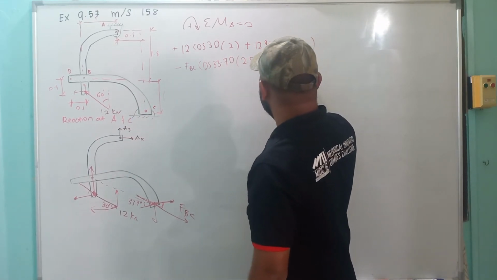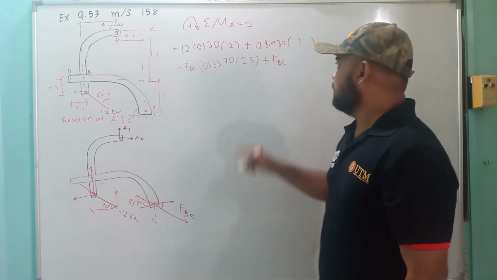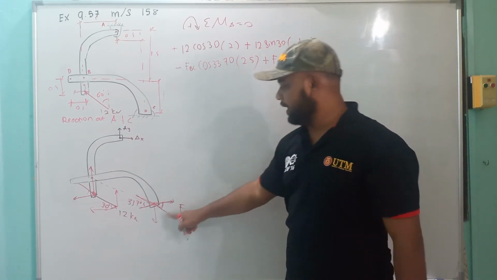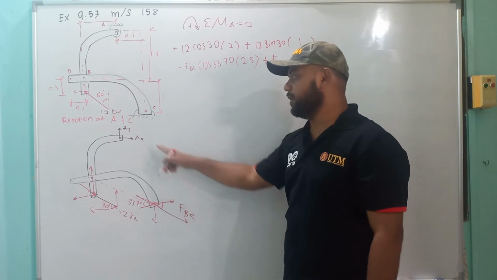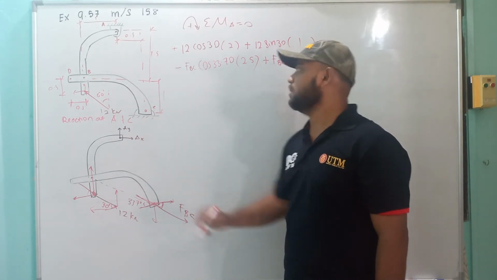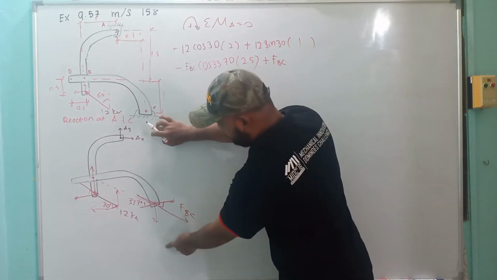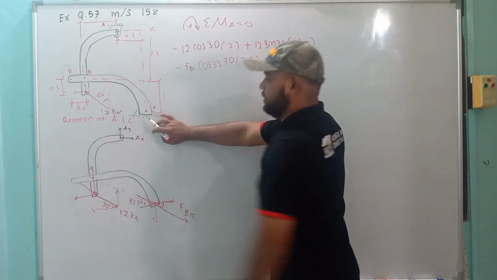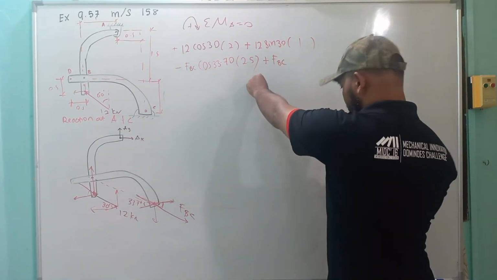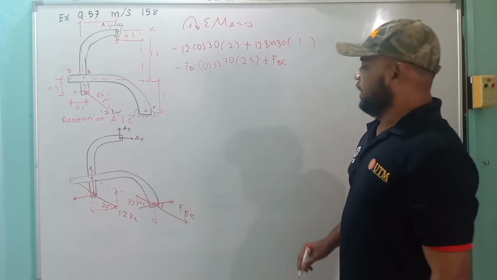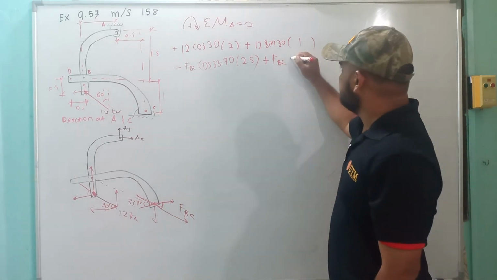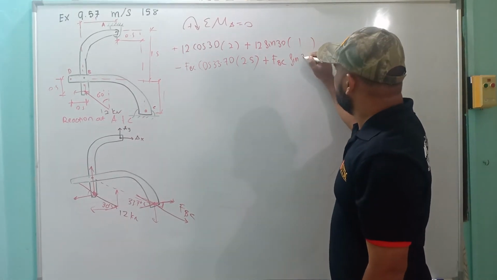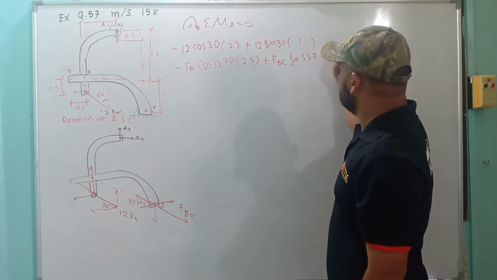The positive and negative are not because of the direction of FBC, but because of the direction of the moment. Now you pull downward, so you turn clockwise. So FBC down here is sin 33.7.